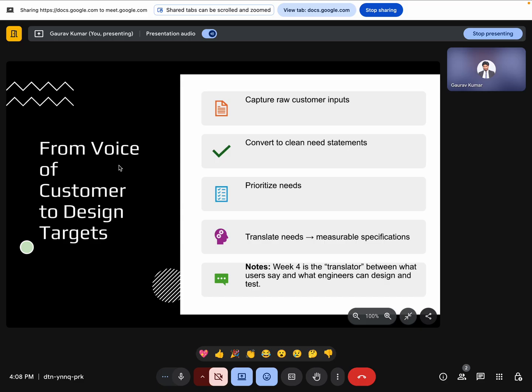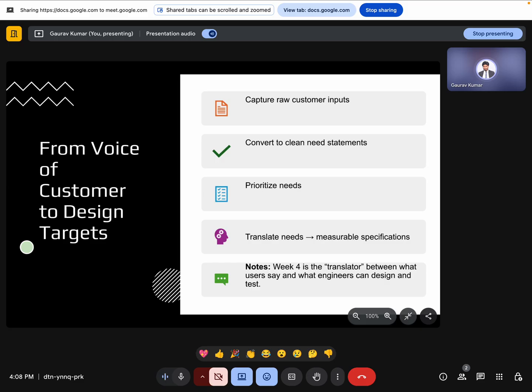So the first one is from voice of customer to design target. This week is all about translation, turning the messy human language of users into the precise, stable language of engineering.